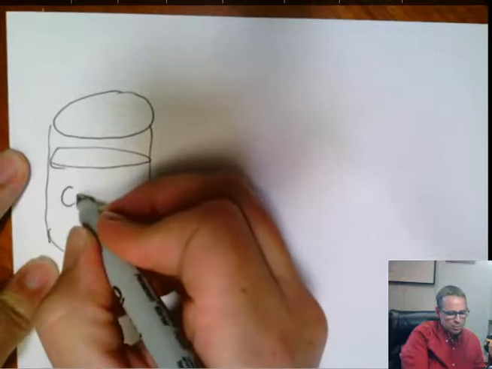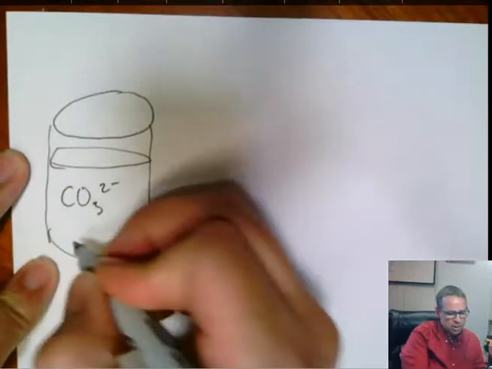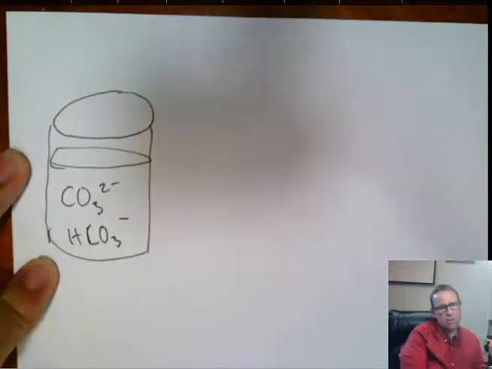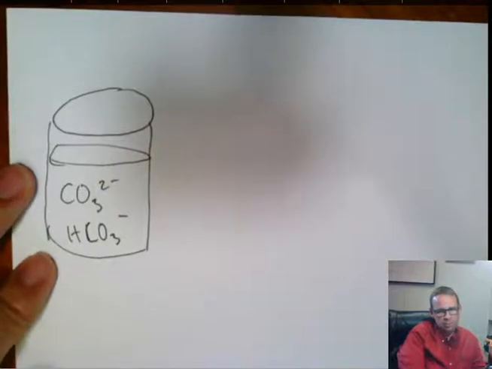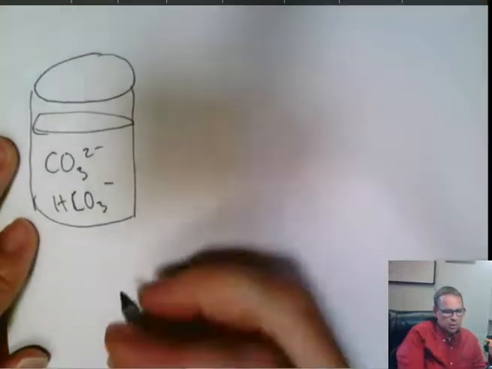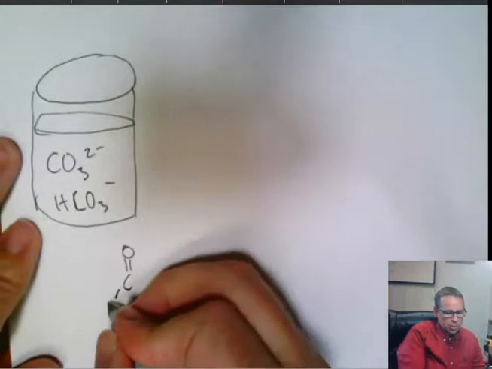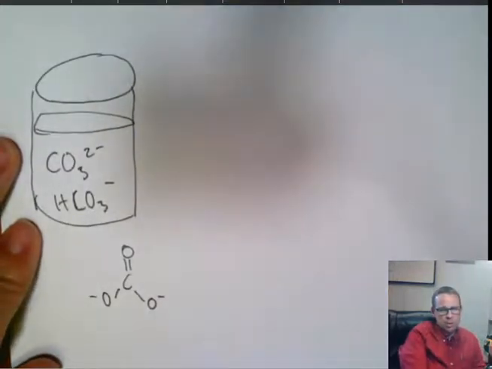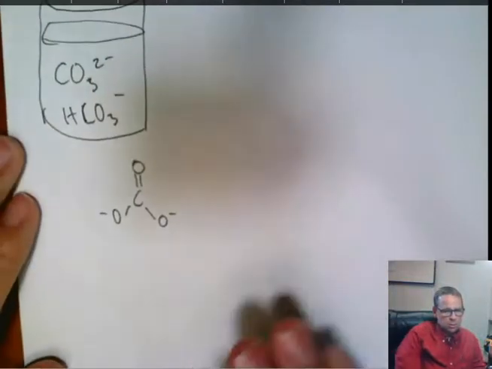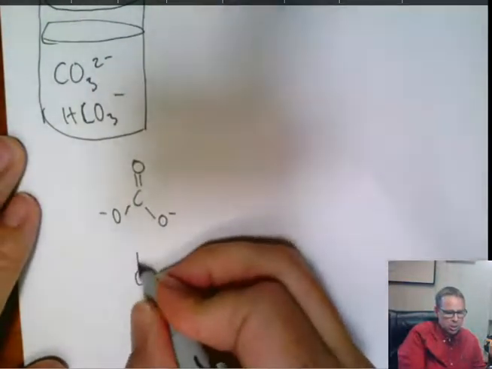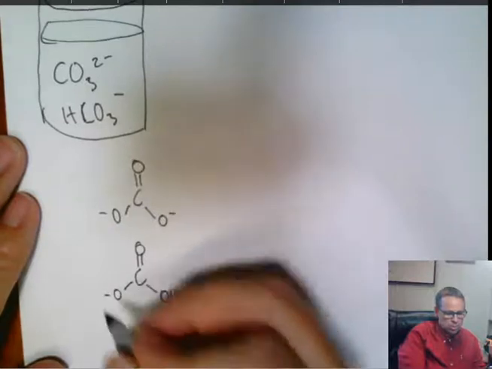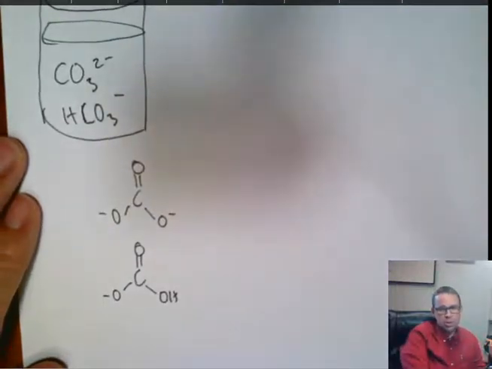And we have the CO3 2 minus in there and some HCO3 minus in there. Those are the two things we have in there to start off with. I'm going to draw the CO3 2 minus ion, and then I'm going to draw the HCO3 minus ion, because those are the things we start with.